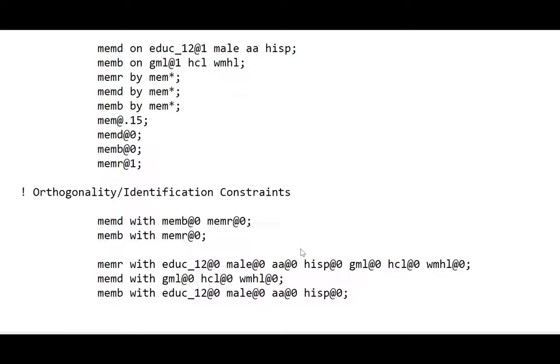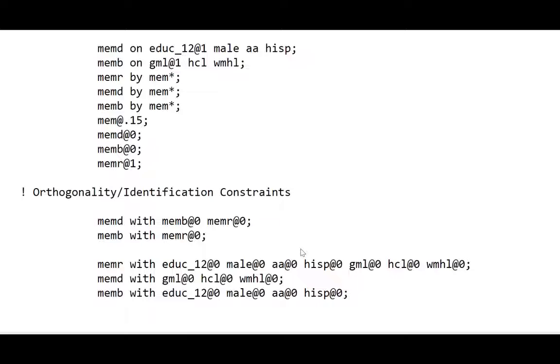Quick question there. What is the syntax star on the MEM mean? Freely estimated. Star means freely estimated. The at sign means that it's fixed at that particular value. So again, my question is, coming from programming in C++ and Python to make all the variable assignments very explicit, I'm wanting to make sure that I understand that this very economical set of lines right here is going to give you an outcome of a residual MEMR, as well as the others.